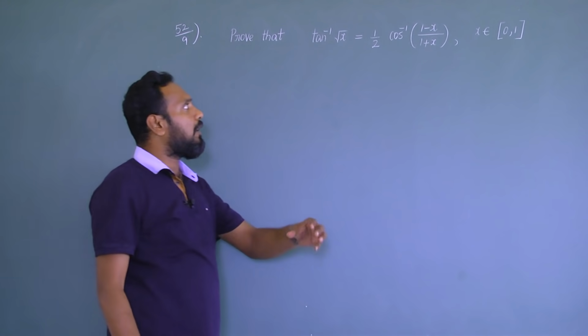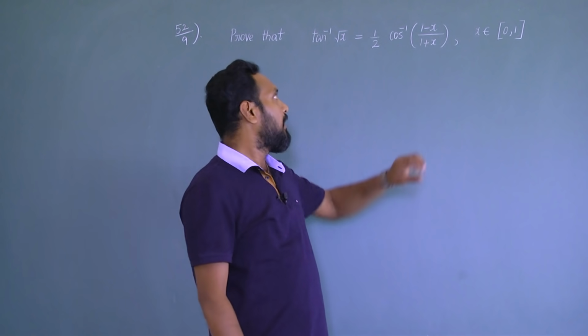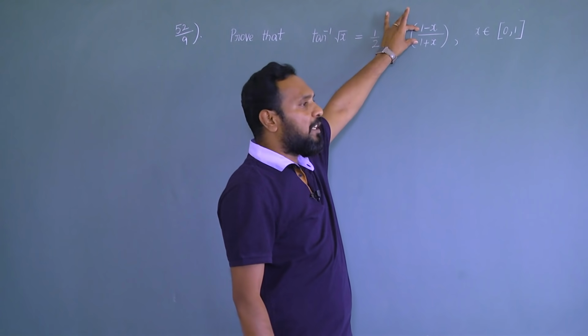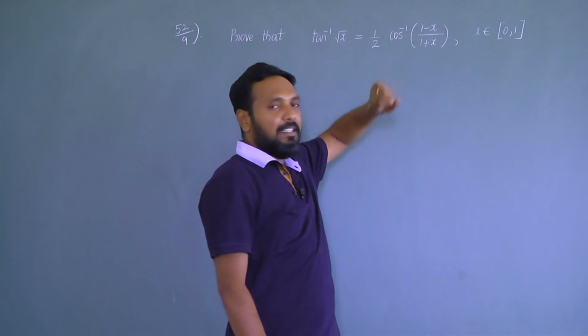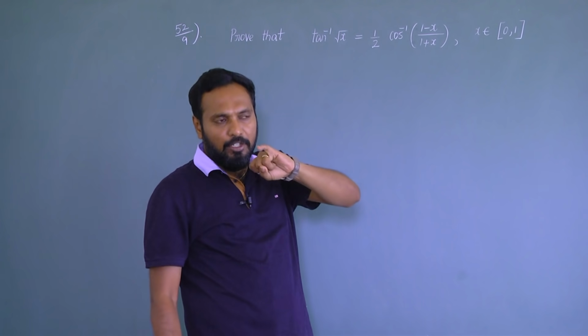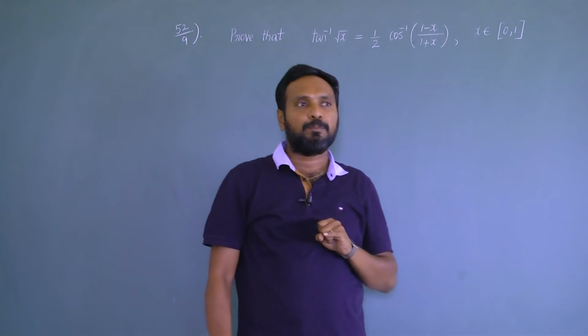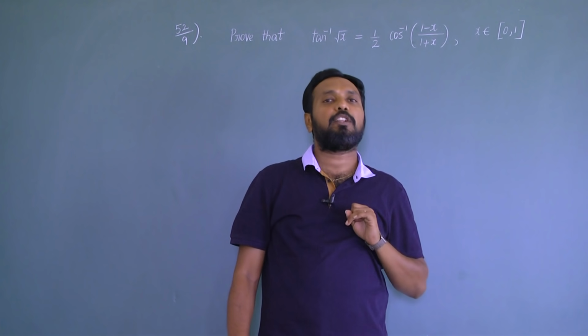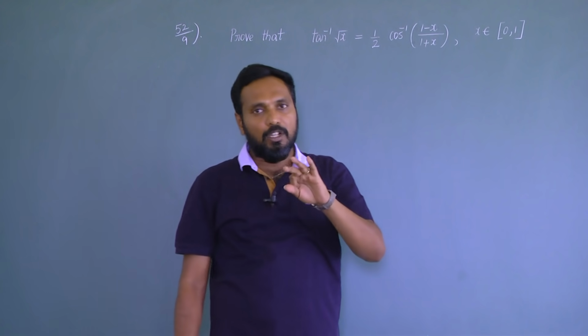If we recall the form of assumptions, 1 minus x by 1 plus x is present. The assumption is x equals tan square theta, I can take x equals cos 2 theta, I can take x equals cos theta.